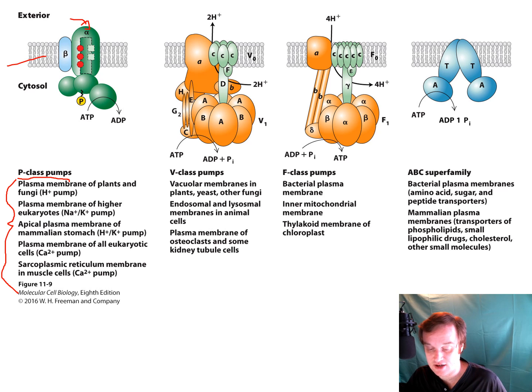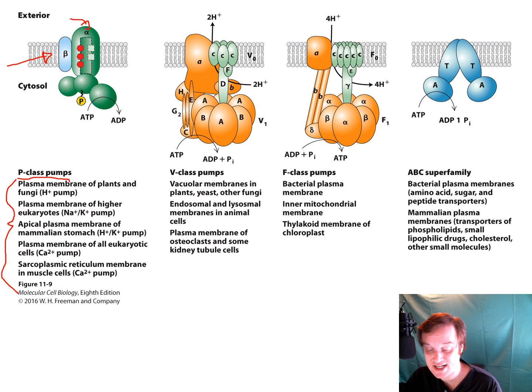So as you can see, they are right here, and depending on if this P-class pump has a beta subunit, it might be responsible for regulation, but not every pump has been classified to know if that is the case.